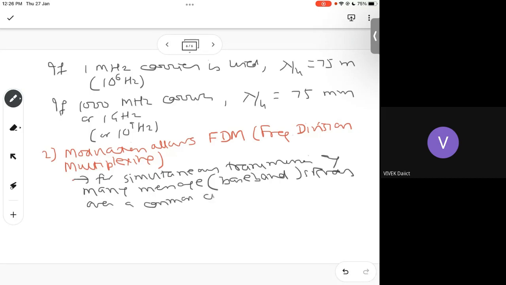So that is the biggest advantage. If I have various musical instruments playing within the same frequency band, say 300 Hz to 3000 Hz, or a 50 Hz to 15 kilohertz voice band, I can simultaneously transmit over various channels having different frequencies.